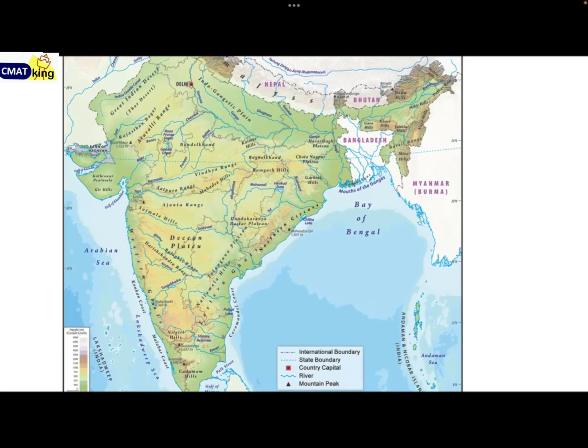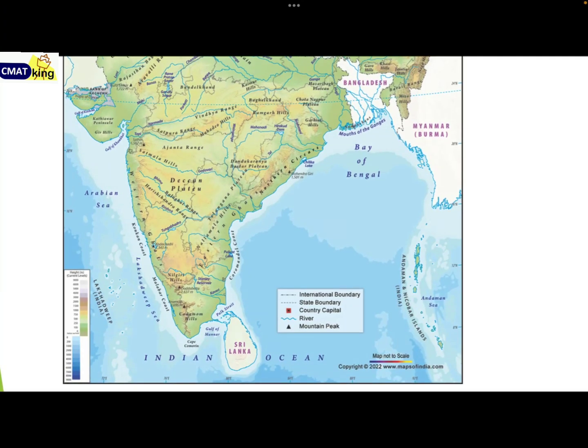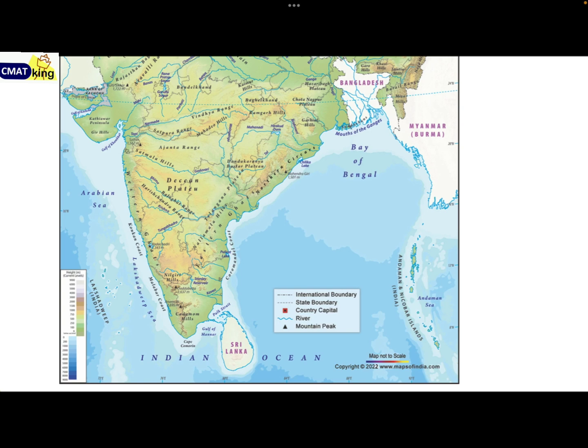And if you go a little bit south, you will observe that Narmada and Tapi are west flowing rivers. So these are the observations that you have to make. The tributaries, where they are flowing, and into which sea they are flowing.